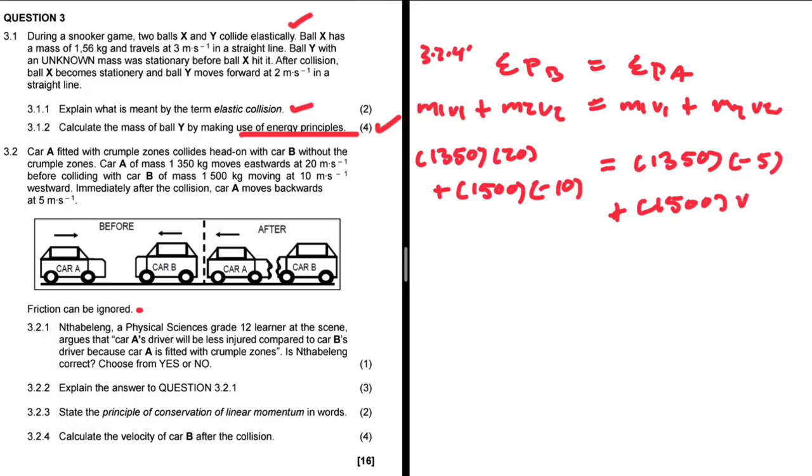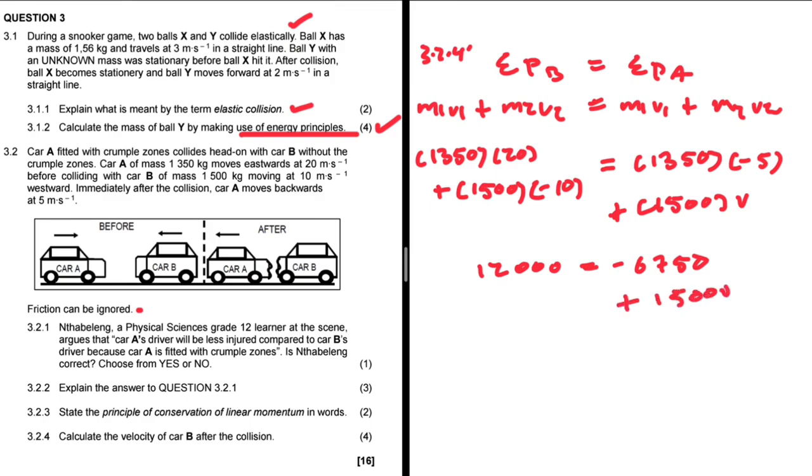So now we are at the end of the physics, right? We are just now solving for v. We have done all the physics work that we need to do. So I'm just substituting the left hand side on my calculator, and I'm getting 12,000 is equal to, so 1,350 multiplied by minus 5, that is minus 6,750 plus 1,500 v.